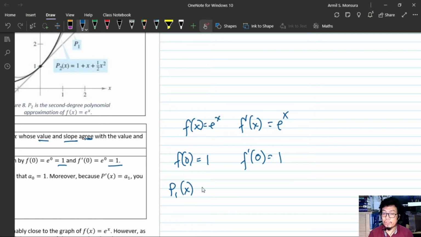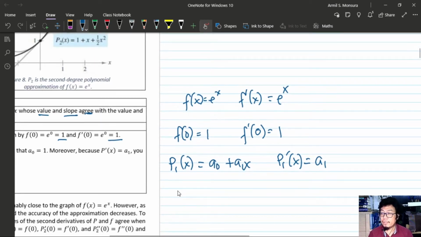Since our p1, our approximating polynomial, is a linear function a0 plus a1x, its first derivative is a1. Now first we would like to have our p1 at 0 equal f of 0.